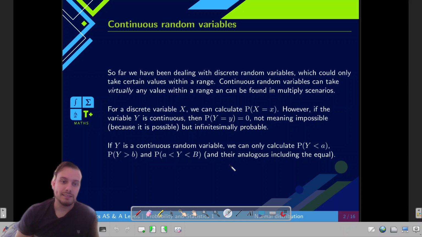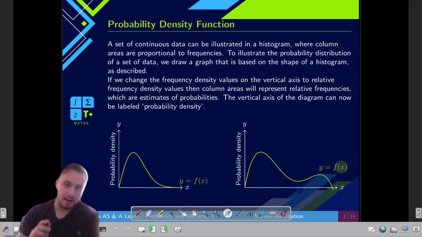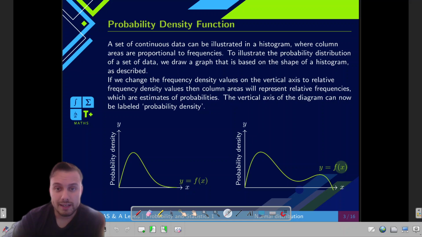Having said this, we're going to take a look at what we understand as a probability density function. This probability density function is the function that will tell us about probabilities in the most graphical way.